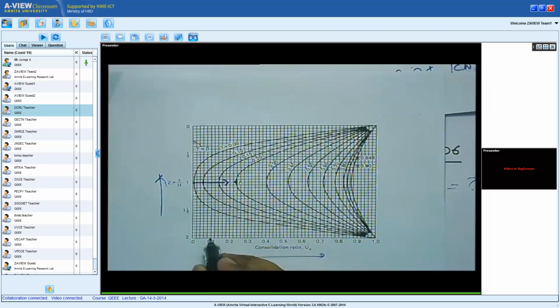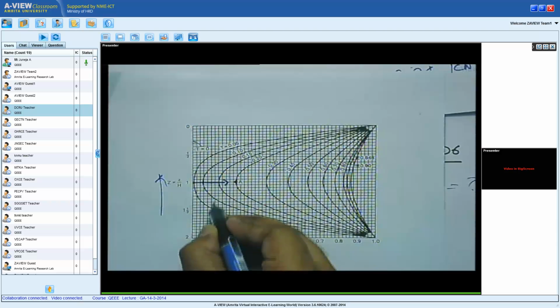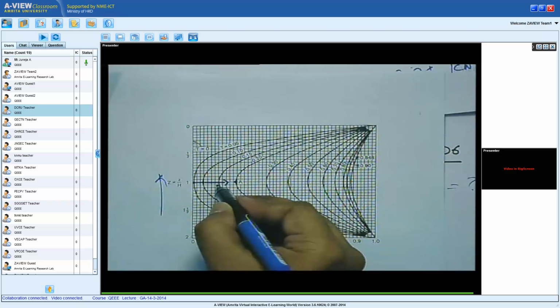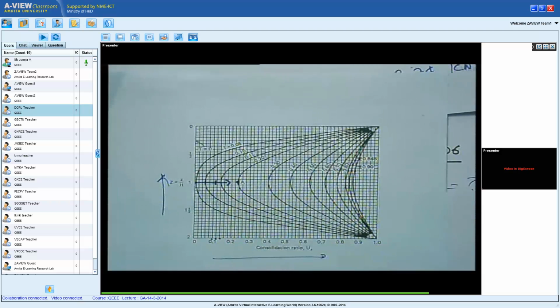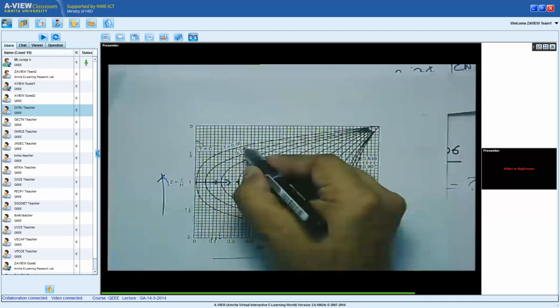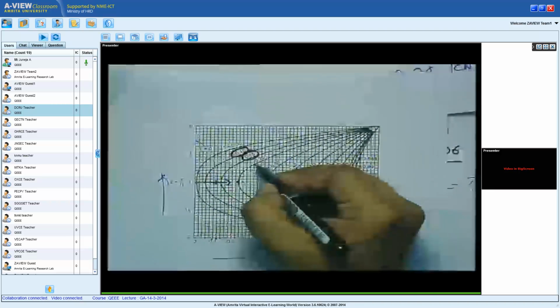Uz is 0.1, this is 0.12, 0.14. So 0.106 should be somewhere here, in between 0.1 and 0.15.